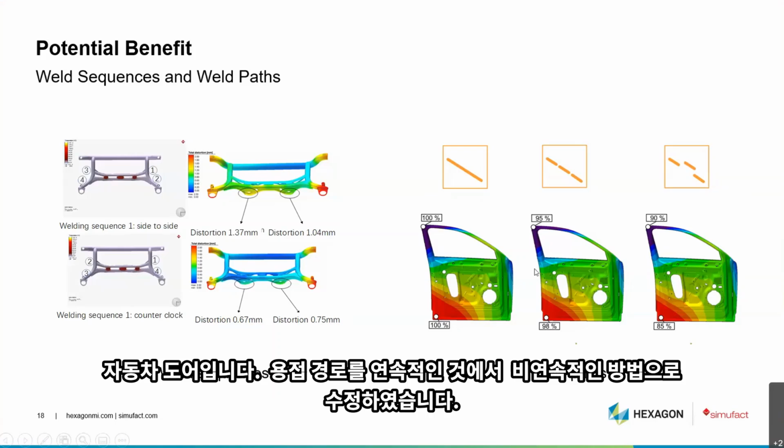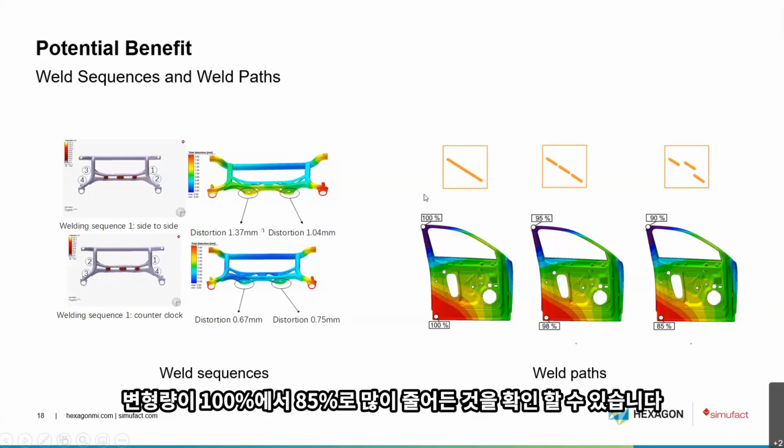This is a car door, and by modifying the weld path from a continuous one to a stitched one, we have a strong reduction of the distortion of this car door, from 100 to 85% distortion.